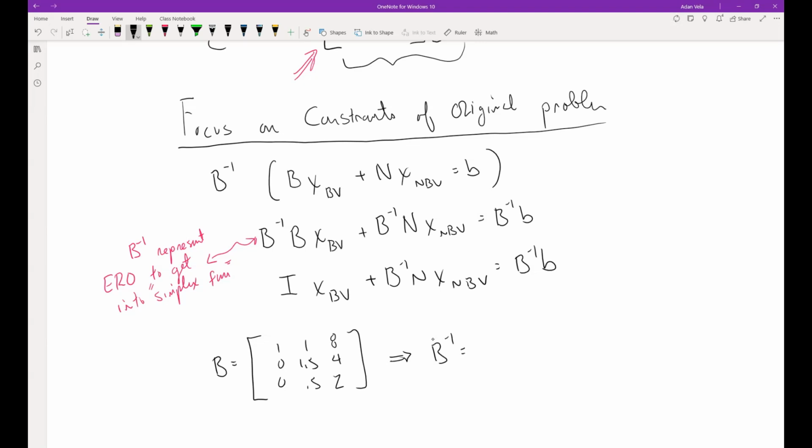You can just do this using something like MATLAB or Octave or Mathematica, I suppose. I'm sure there's a bunch of different languages you can use, or your programmable calculator. That's certainly fine. So in this case, B inverse is equal to 1, 0, 0, 2, 2, minus 0.5, and 8, negative 4, 1.5.